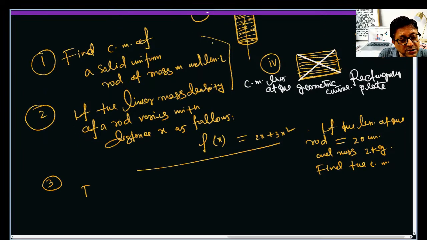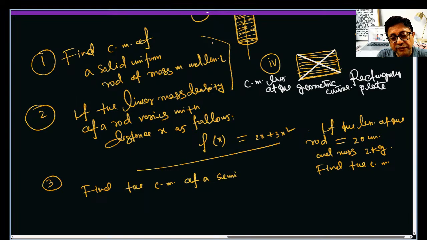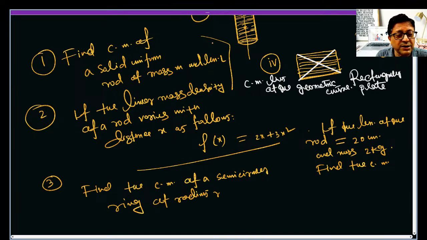Question number 3, find the center of mass of a semicircular ring of radius r.